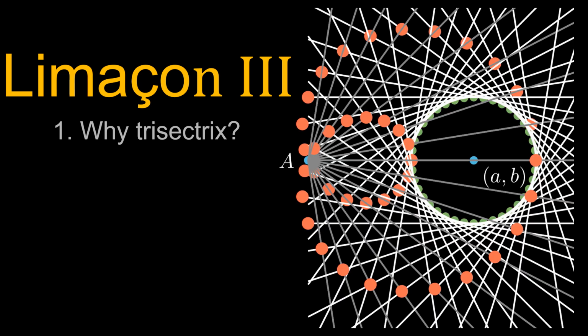The first aspect would be why a limaçon at a certain value of k, and we had talked about what the k is in the previous video, is called a trisectrix, and then we'll go further to look at a limaçon as a pedal. So those are the main things we'll be looking at today. And so yeah, let's go on and cover these two topics.